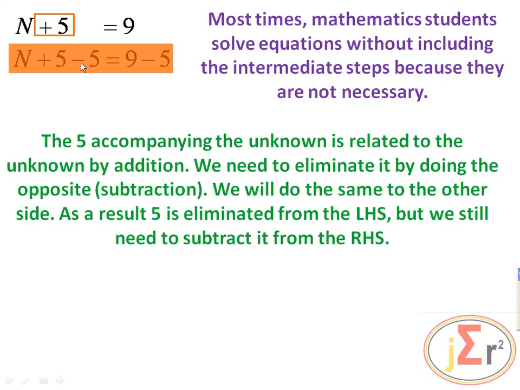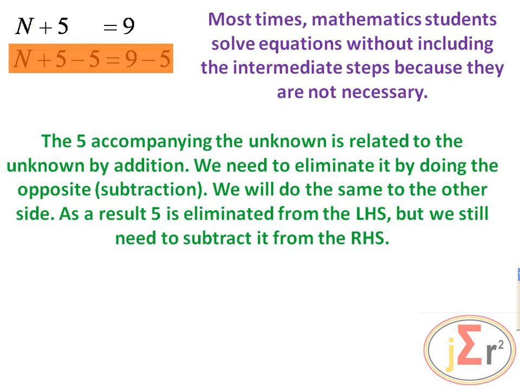But when we eliminate the 5 by subtraction, there is the other side of the equation that we need to subtract 5 from. Because if we do not subtract 5 from both sides, then the equation will be unbalanced and the solution of the problem will be incorrect. So we will do the same to the other side.